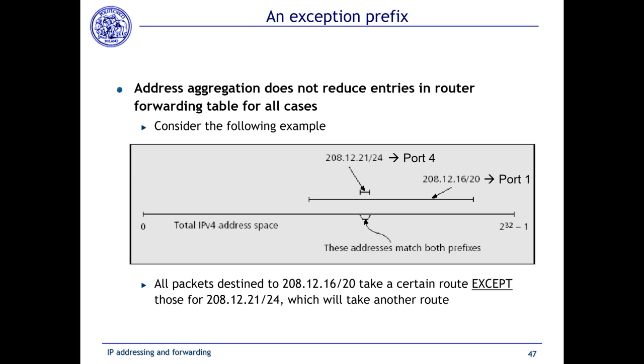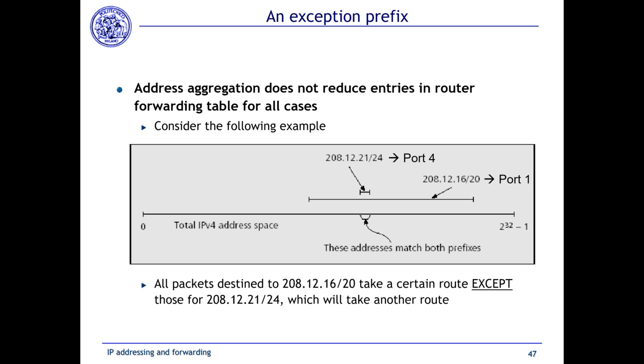Not only the general address, but also addresses that are specific. This is called the exception prefix, or exception prefix routing. And in the address space, it means that you have a large segment that is reported in a routing table outside, and also a small segment that is overlapping with the large segment.